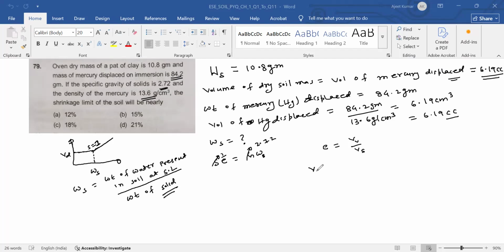So volume of void, where we have volume of solid, we don't have volume of solid.